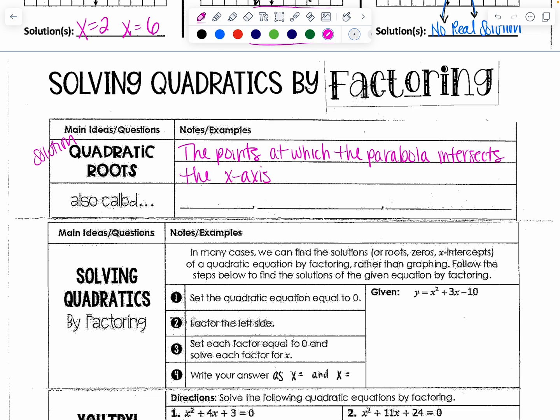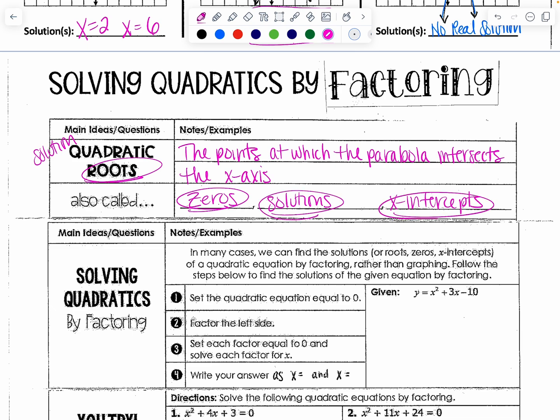We're going to write this every time we take notes or learn a different way of solving a quadratic. We're going to do this part again, just to reiterate what the definition is, and also that we can call these zeros, solutions, and x-intercepts. All of these words are interchangeable. So roots, zeros, solutions, x-intercepts.